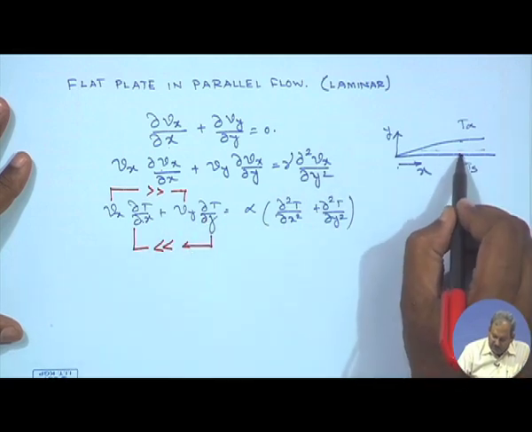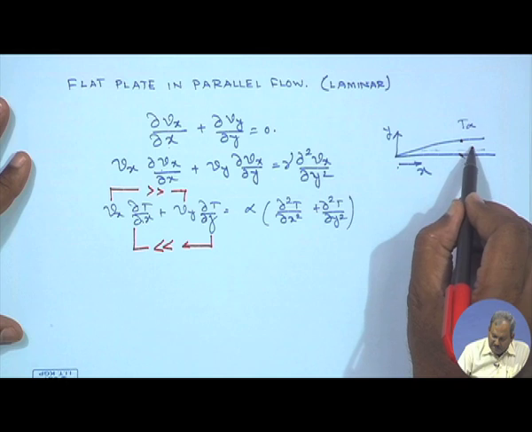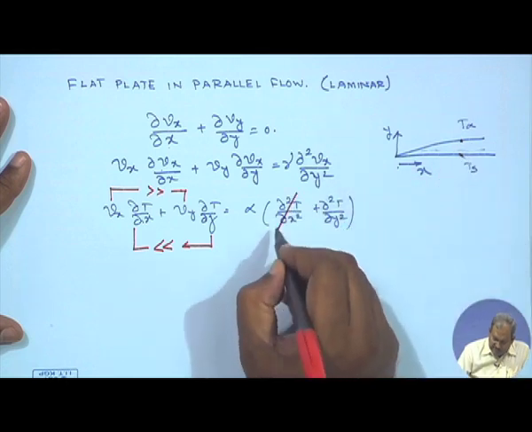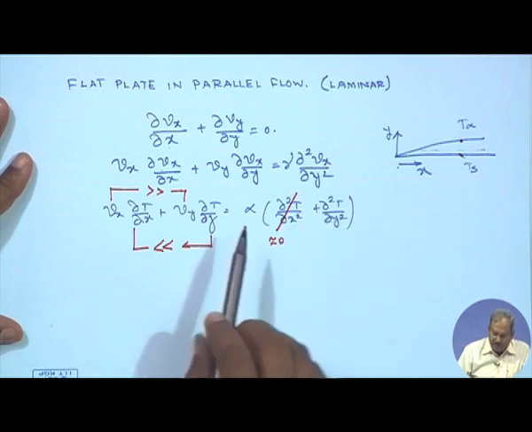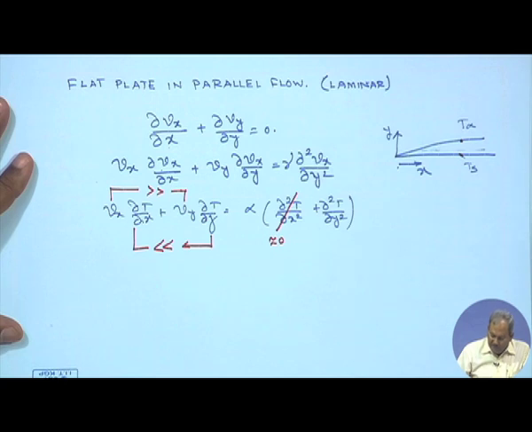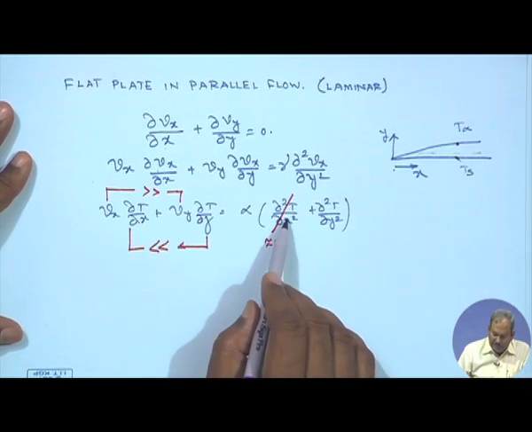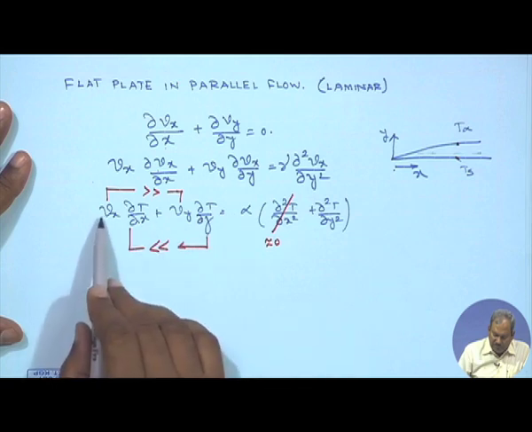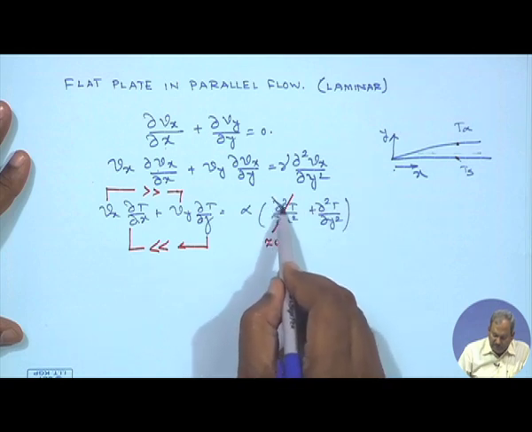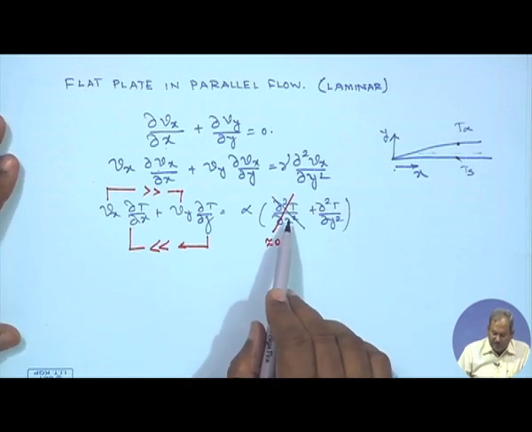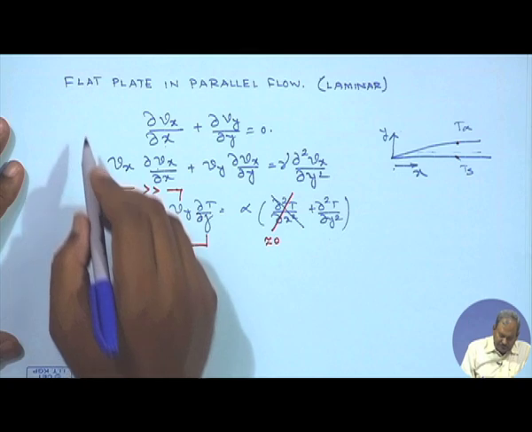Since the temperature gradient in this direction is significantly larger than in this direction, this term can be neglected in comparison to this term. So, the governing equation for heat transfer inside a thermal boundary layer can be expressed by this form of the energy equation, where the first term on the right hand side, which signifies conduction in the x direction, is neglected.